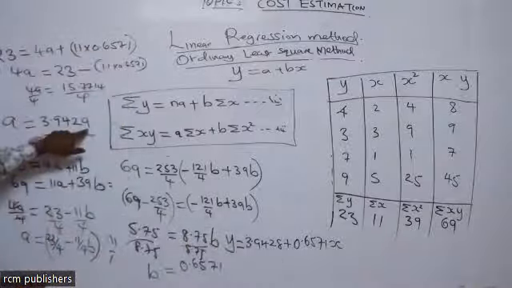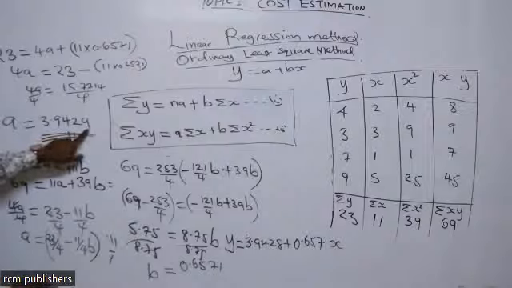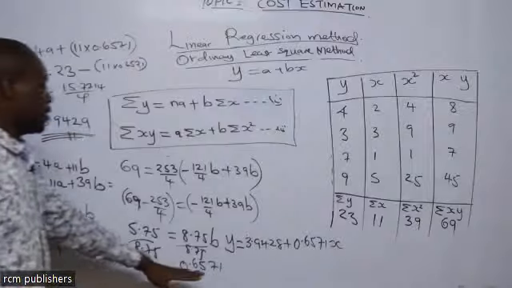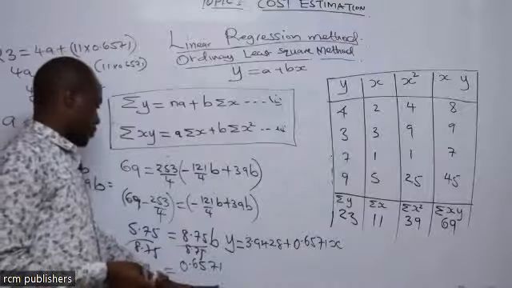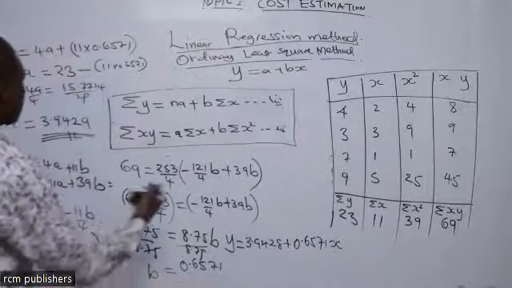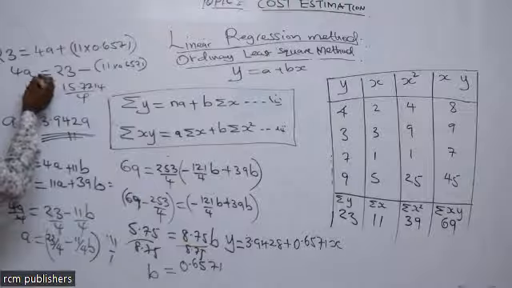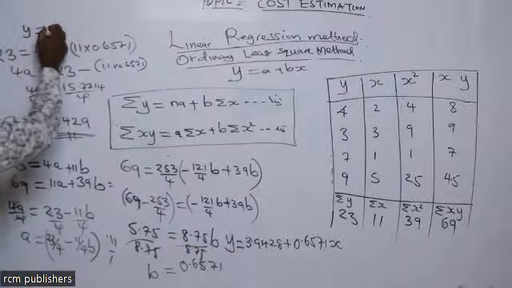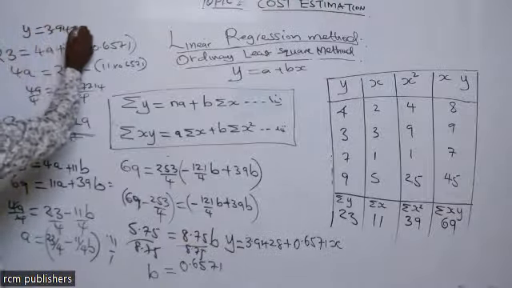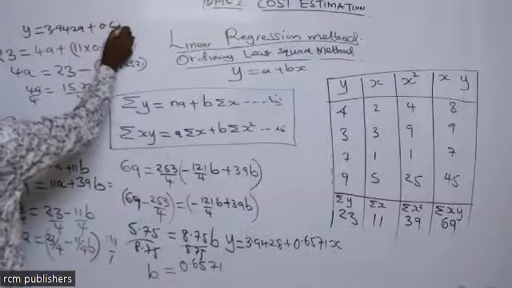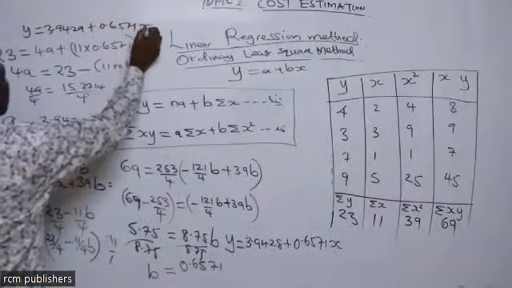This one here is just a difference of 1 due to rounding off, which has been affected by the dependent value of B here. So our function will be y is equal to A, which is 3.9429, plus 0.6571x.